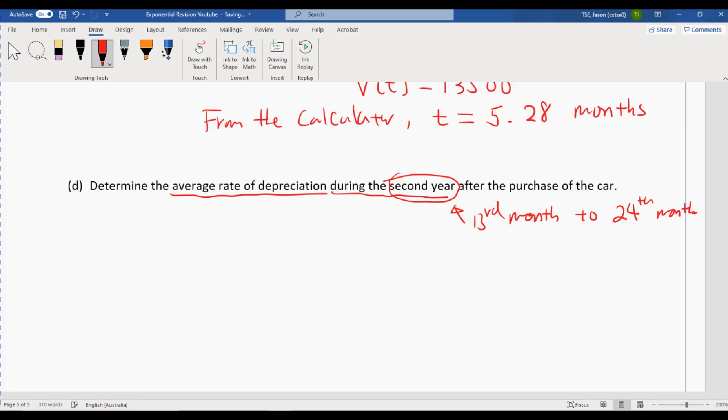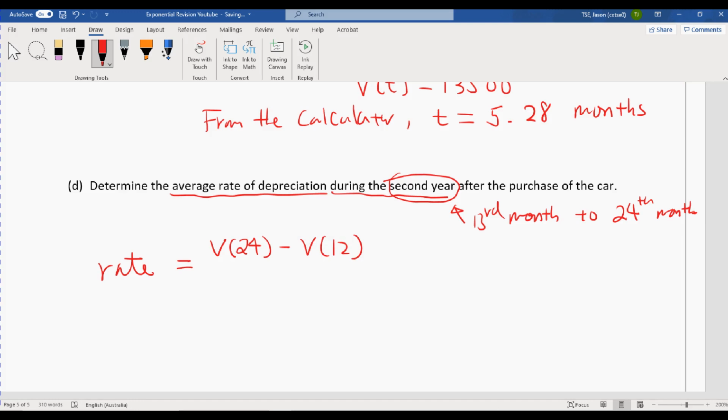So the average rate of depreciation, I'm going to use this one, B: V24 minus, not 13 but 12. Why? Because when you say V12, that means the end of the 12th month.